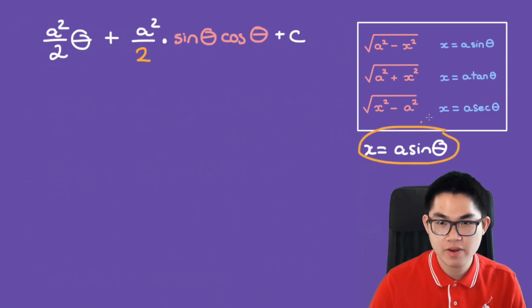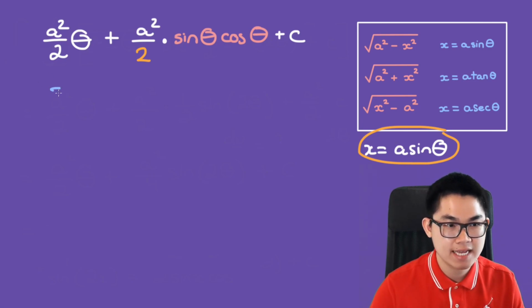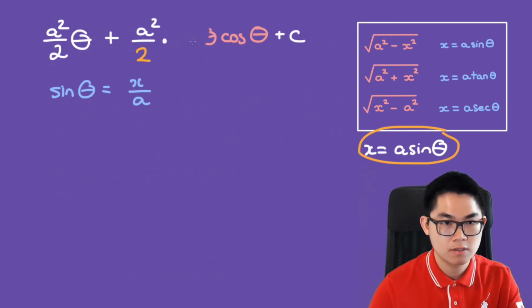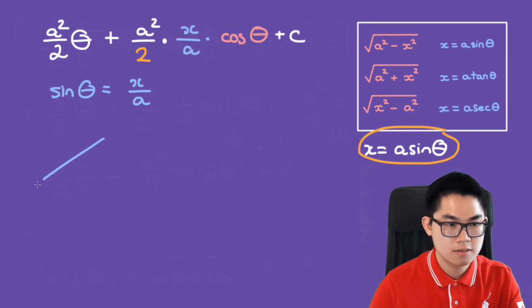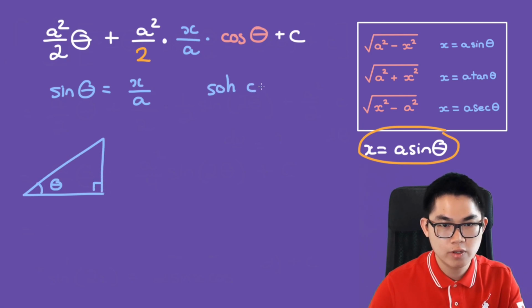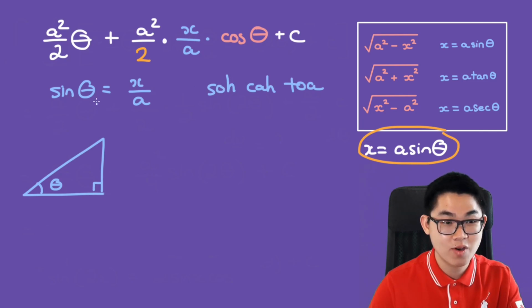So remember, at the very beginning we chose the first form and x equals a times sine. This means that sine is going to be x over a. Let's actually change it here. Using our SOHCAHTOA rule, sine is going to be opposite over hypotenuse. So opposite is x and hypotenuse is a.